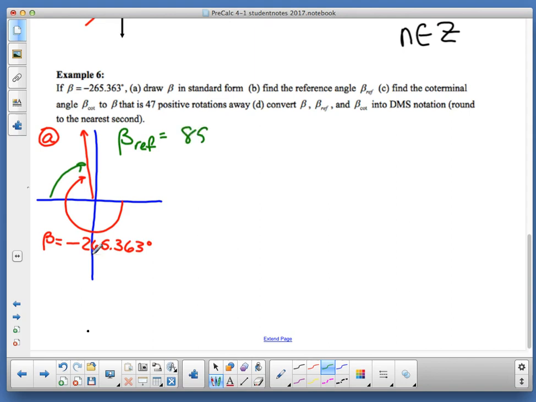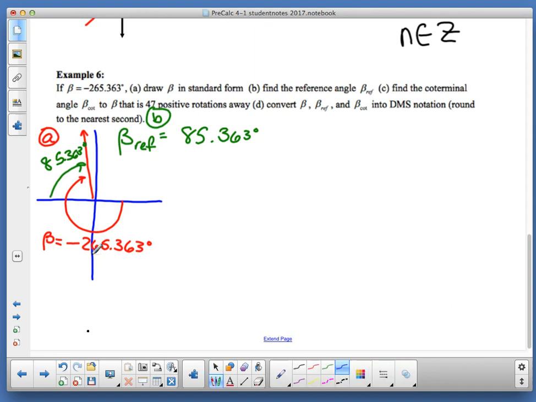So that's where 85.363 degrees comes from. Are you okay with that? That's my beta reference. Positive angle made between the terminal ray and the x-axis. Are we okay with that? So if they ask me to find the reference angle, that's B, I'm done.